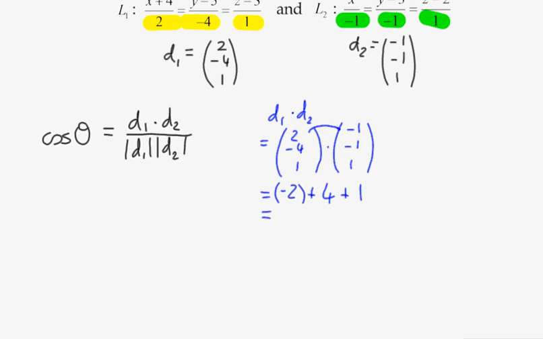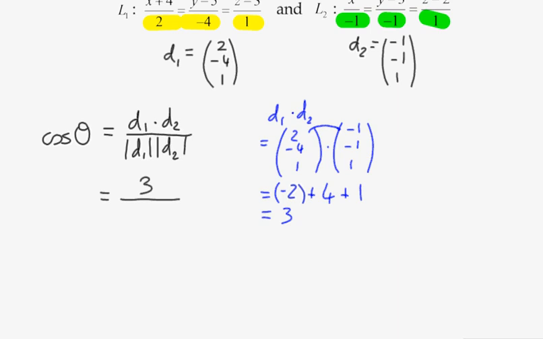And -2 plus 4 plus 1 gives me 3. So our scalar product is 3. That means that the numerator is going to be 3. And then I have to work out the two magnitudes of the vectors.